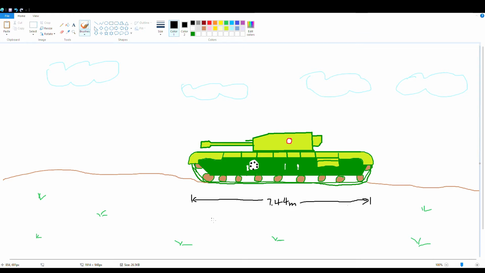So to calculate the distance between the two of us, we multiply 7.44 by 26, and that gets us roughly 342.24 meters. So this will be the number that we'll use for r in the equation.